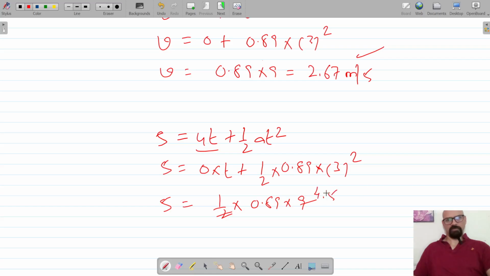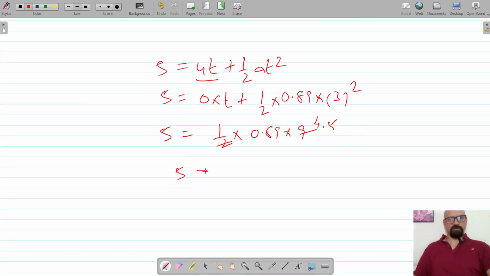I can cancel this with 2, so the distance is now 0.89 times 4.5 meter. If you multiply 0.89 by 4.5, that should give me 4.005, and I can take it as 4 meters.